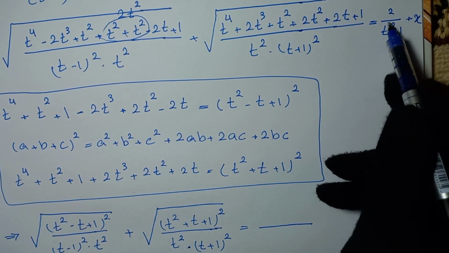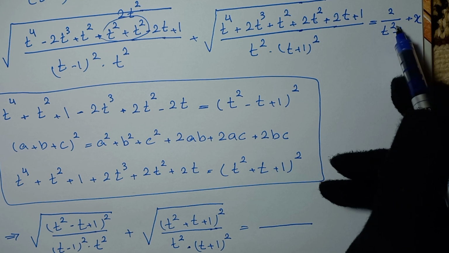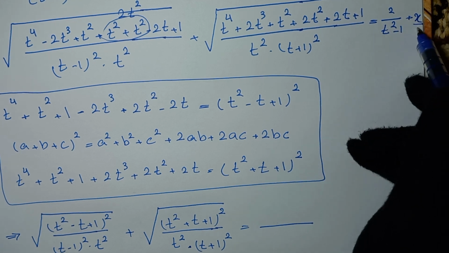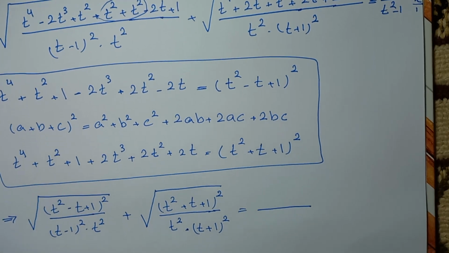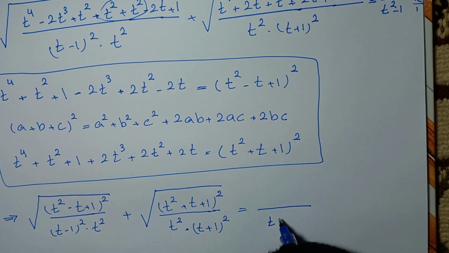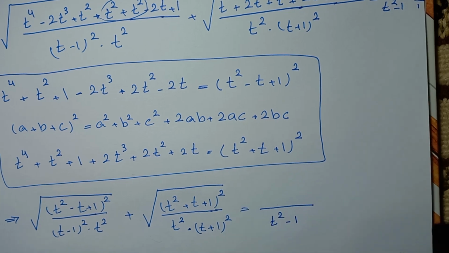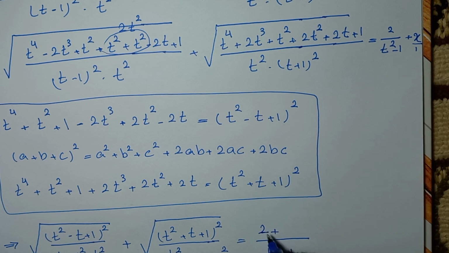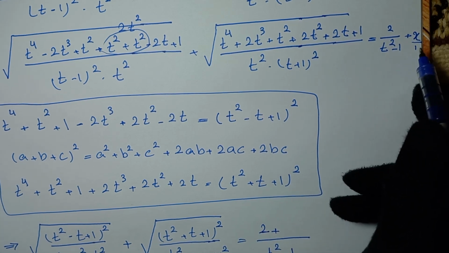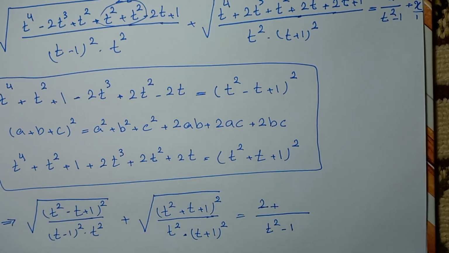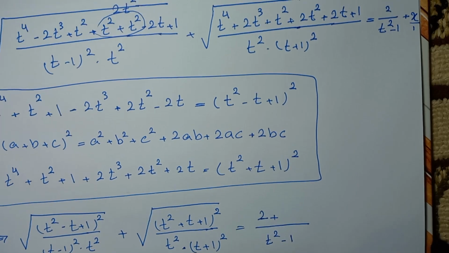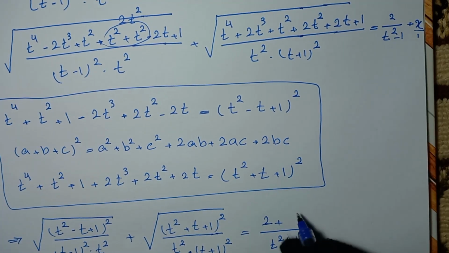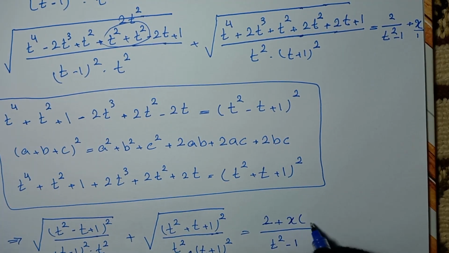And here from these two parts, we take a common denominator. In here we have x, and x is x over 1, right? So we take the common denominator, which is t squared minus 1, and it will be 2 plus x over 1. In here, this one is multiplied by t squared minus 1, so we multiply x by t squared minus 1, so it will be x times t squared minus 1.